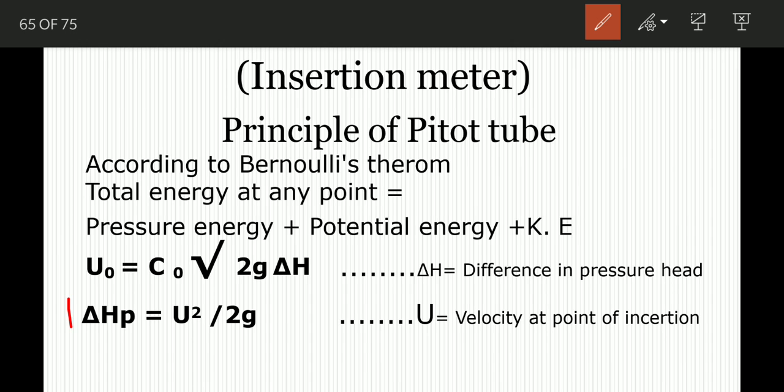So this is the equation by which you will calculate the flow of fluid with the help of Pitot Tube. That is del HP equals U square upon 2G. So del HP is the difference in the pressure head from the manometer, and U square is the velocity of the flow at the point of insertion.